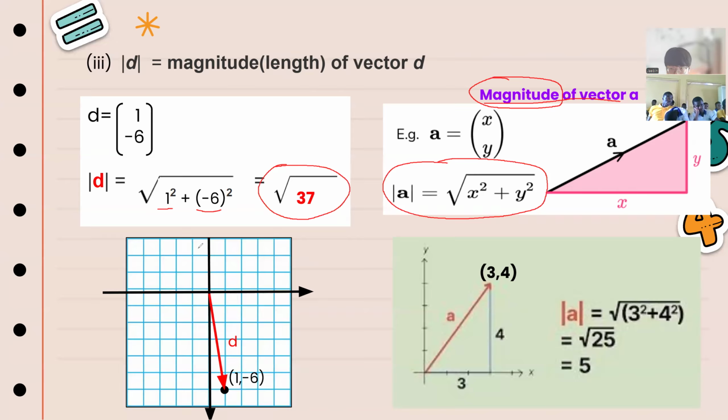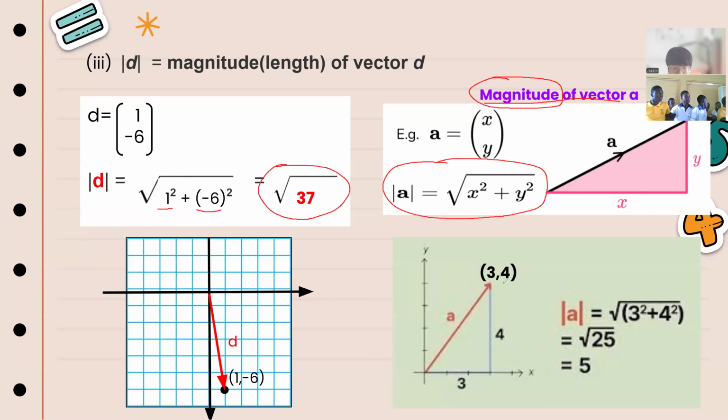And if you draw this vector d on the graph, it looks something like this. d is pointing over to this area, (1, -6). And we've just calculated the length of this vector, the magnitude.